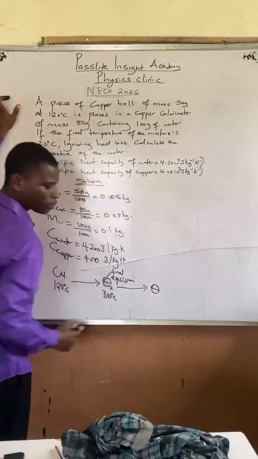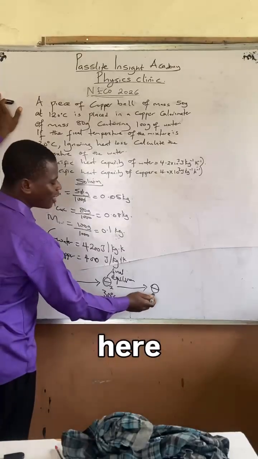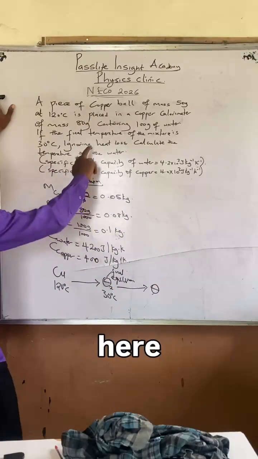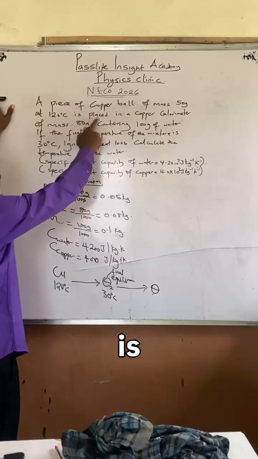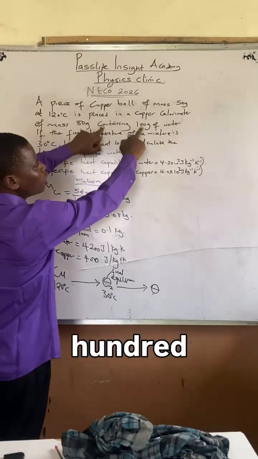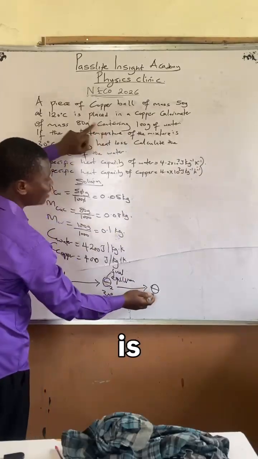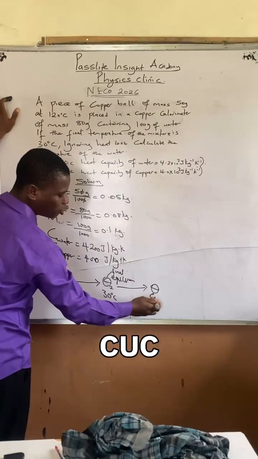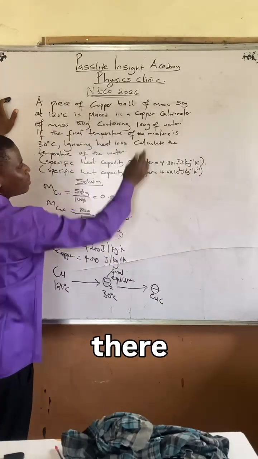And at this point, it's not only water that is there. They mentioned two things here: there is the copper calorimeter, CuC, and at the same time there is also water.